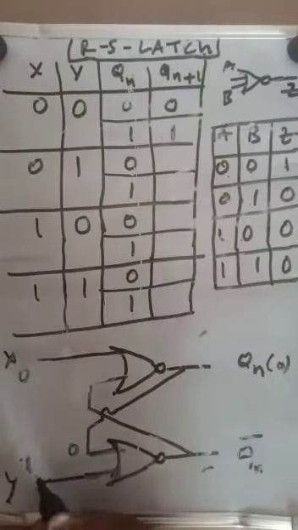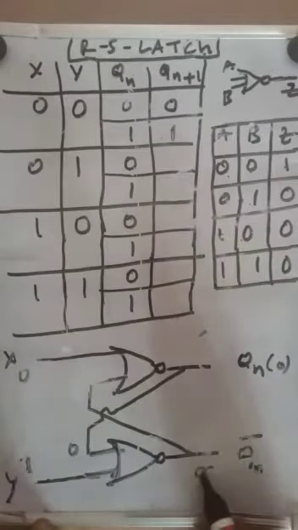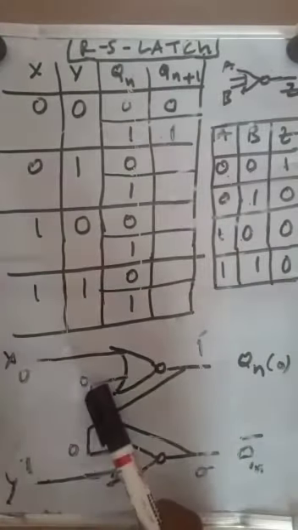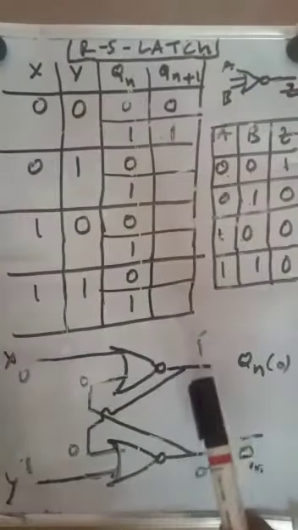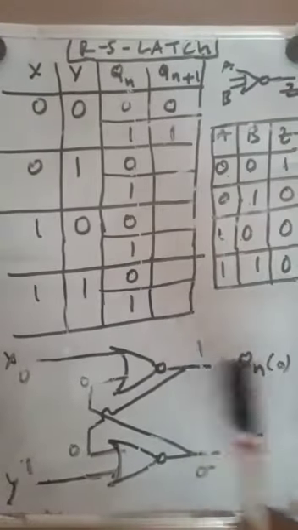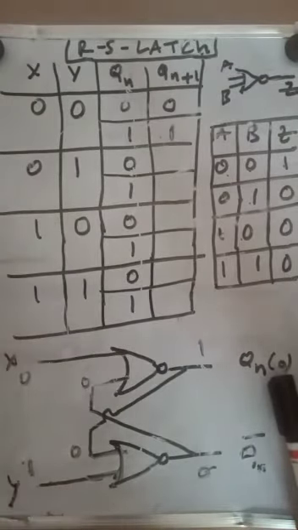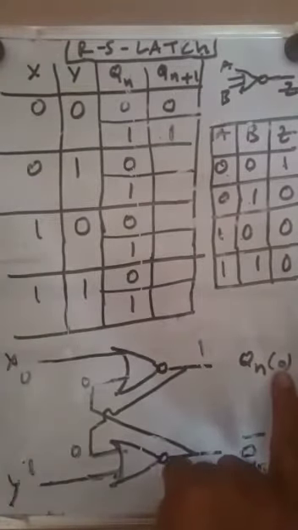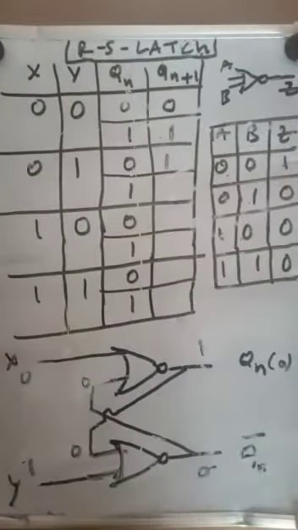So 0 is coming to this, 1 plus 0 is 0, and this 0 is given to this, 0 plus 0 is 1. That means present state output is equal to 0 before giving 0, 1 as inputs, but after giving 0, 1 as inputs, the output present state is converted into the next state, which is equal to 1.